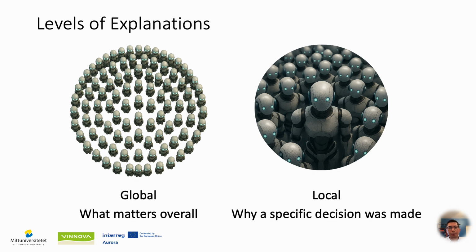This is the local explanation. Why did the model make this decision here? Both perspectives are essential. Global explanation shows the overall logic of the model, while local explanation builds trust case by case. Together, they give us the full picture of how AI systems behave.